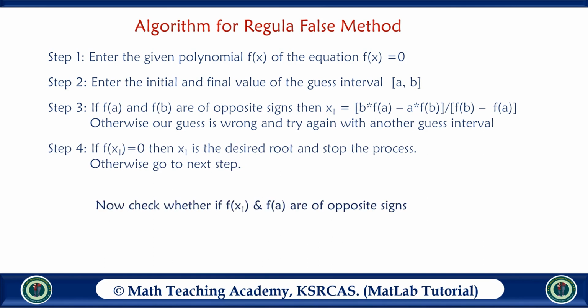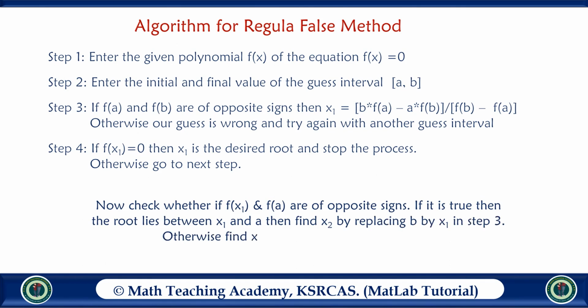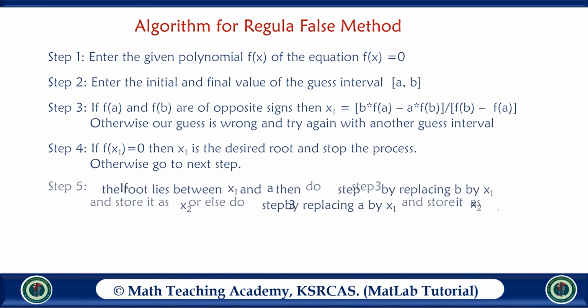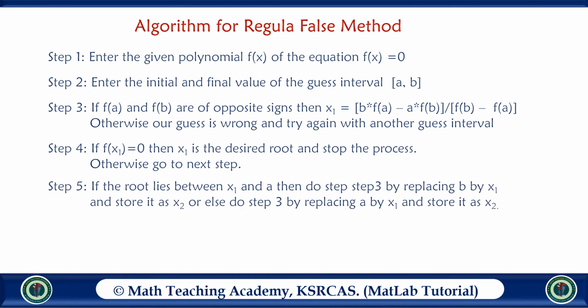Now, check whether f of x1 and f of a are of opposite signs. If it is true, then the root lies between x1 and a. Then find x2 by replacing b by x1 in step 3. Otherwise, find x2 by replacing a by x1 in step 3. So, step 5 becomes: if the root lies between x1 and a, then do step 3 by replacing b by x1 and store it as x2, or else do step 3 by replacing a by x1 and store it as x2.